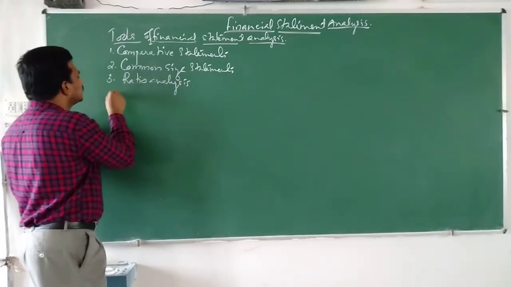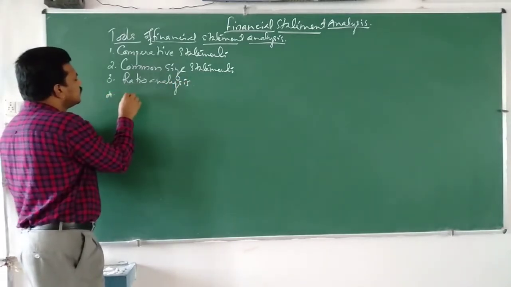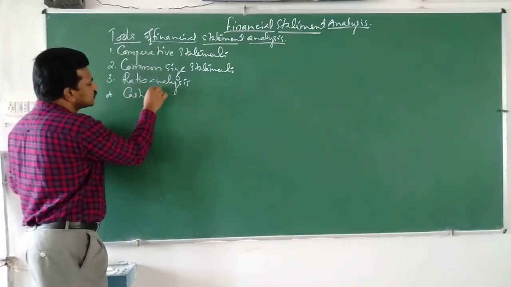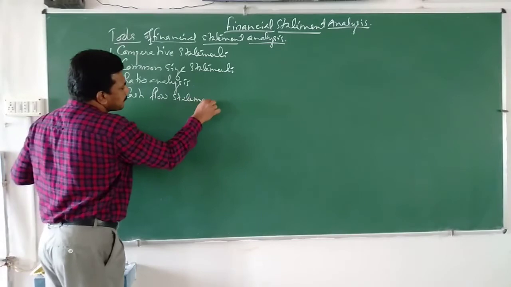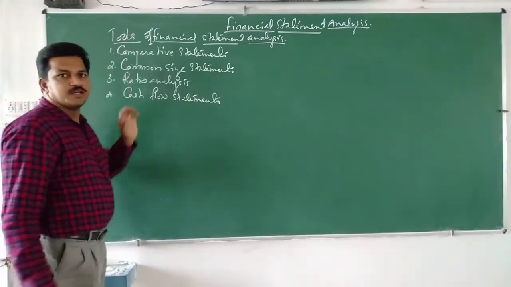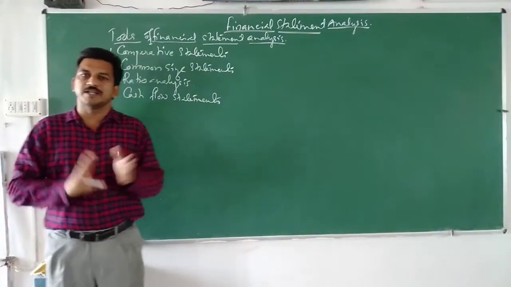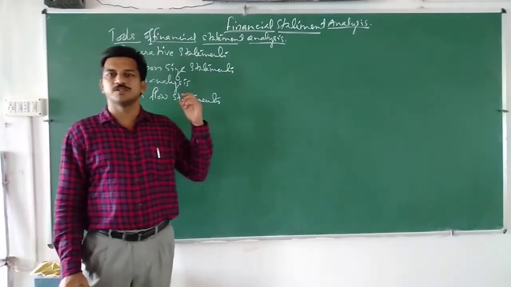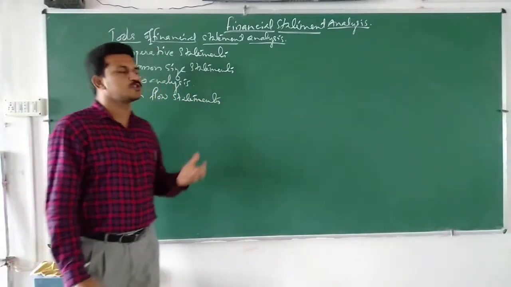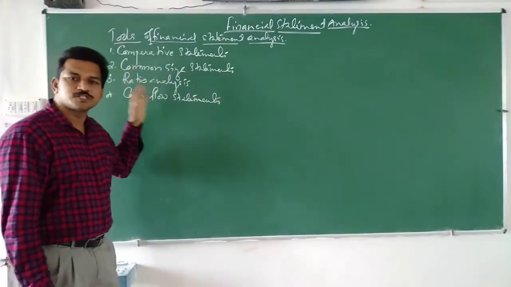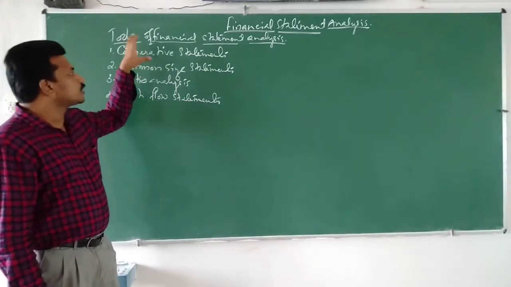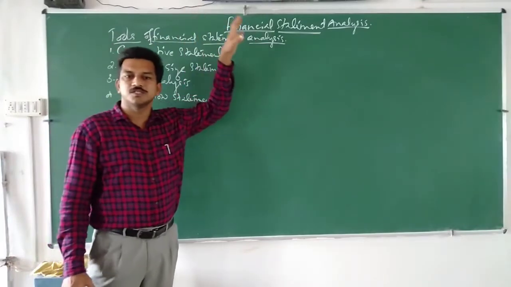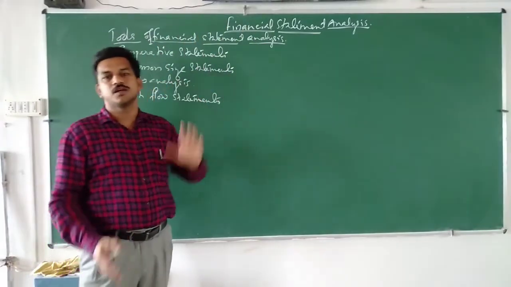Then fourth one, cash flow statements. So the tools are comparative statements, common size statements, ratio analysis and cash flow statements. These are the 4 tools which we will be studying as the tools of financial statement analysis in our classes.